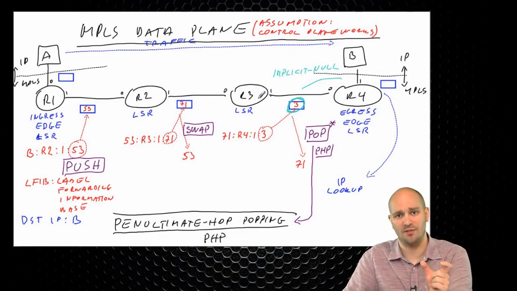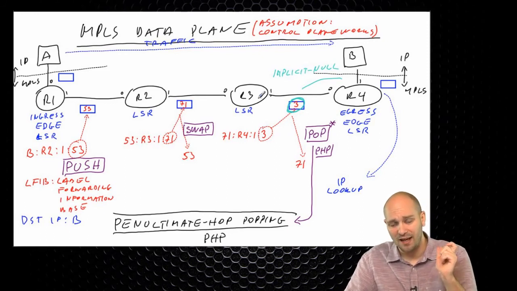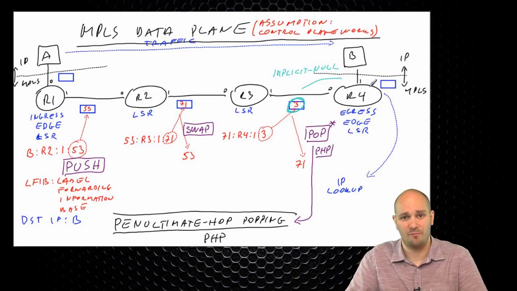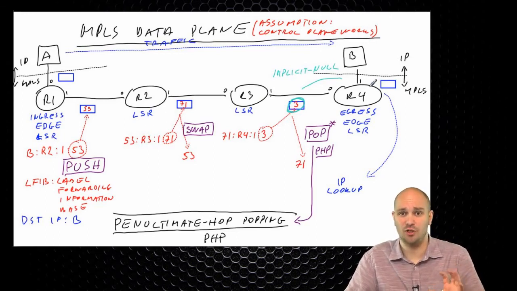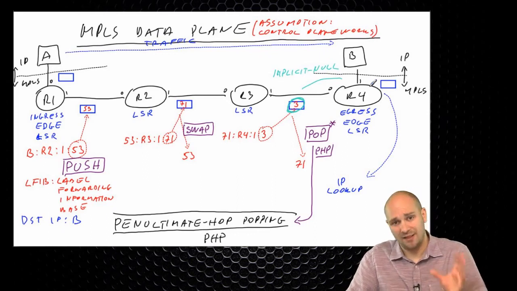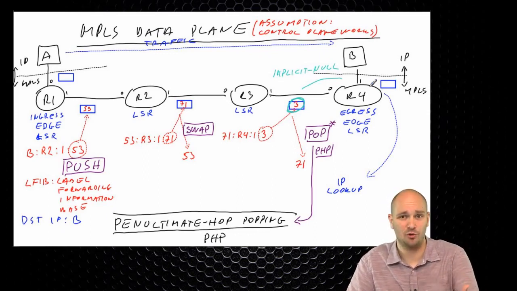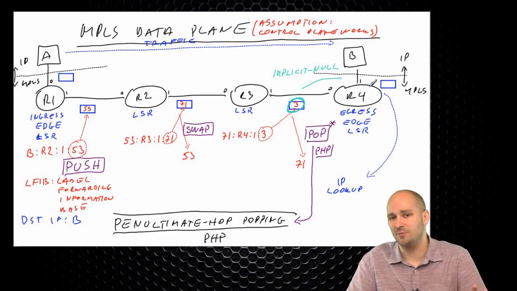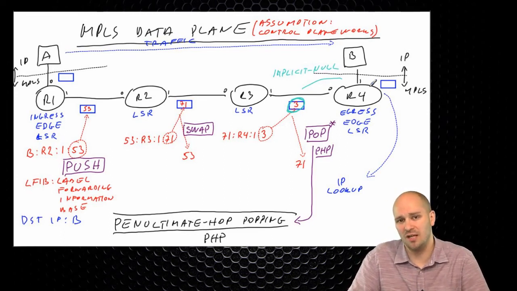If it's only one label on the stack, it would actually pop it, perform PHP, even though R4 expected to have PHP disabled. So I had mixed success with actually turning off PHP, but in some other scenarios you actually have to do it. But this is not something that you will encounter as a question in the lab.